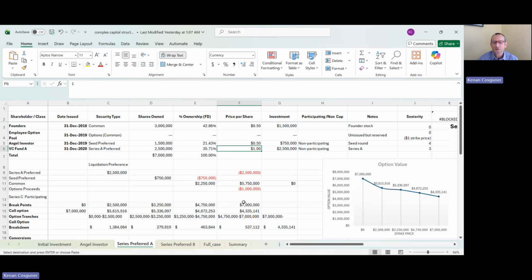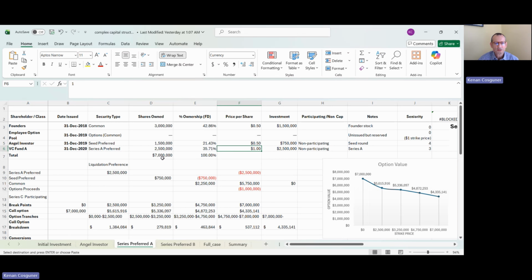Remember, they have to pay $1 strike price, but they convert their shares into 1 million common equity. After 7 million, all shareholders converted their shares into common equity and benefit from the value increase.